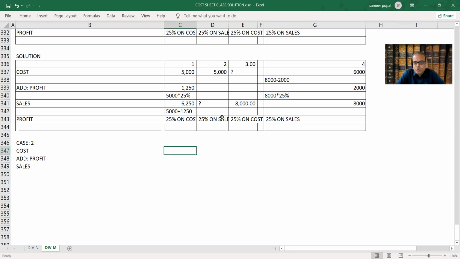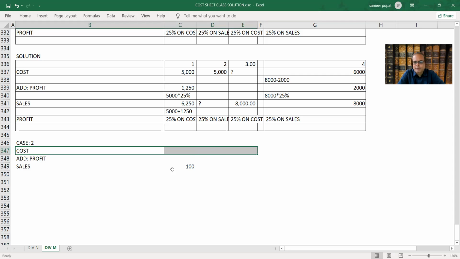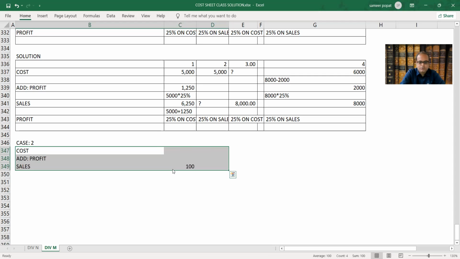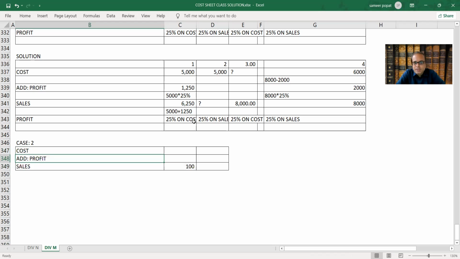Since here 25% is on sales, assume sales to be 100. Whatever is the base of that percentage, assume that to be 100. Base means here the 25% profit is on sales. So if sales is 100, profit would be 25% of sales, so it would be 25 rupees. So your cost should be 75.